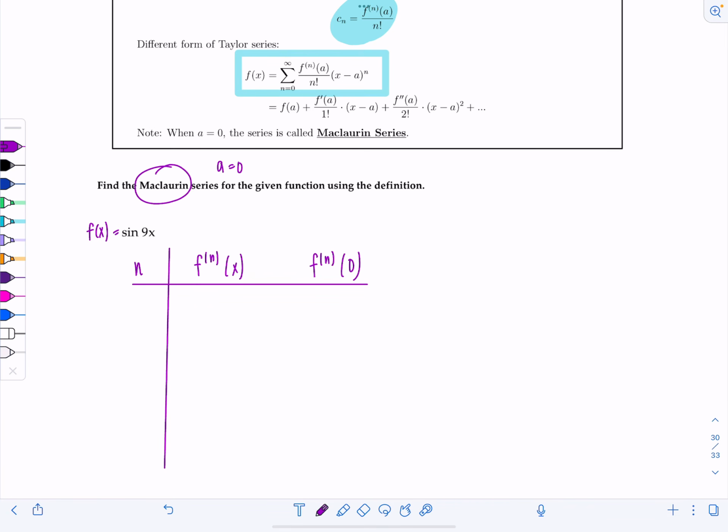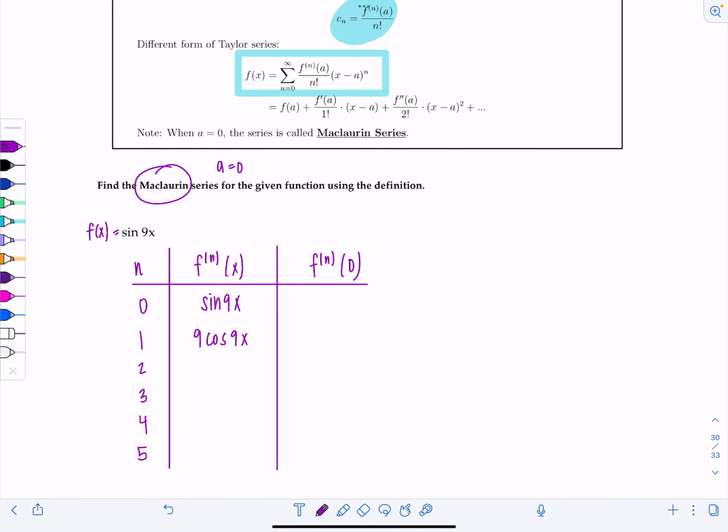Okay, how many derivatives do you take? However many you need to find a pattern. So I'll do 0, 1, 2, 3, 4, 5, I don't know. So the 0th derivative is just the original function. What's the derivative of sine 9x? It would be 9 cosine 9x.